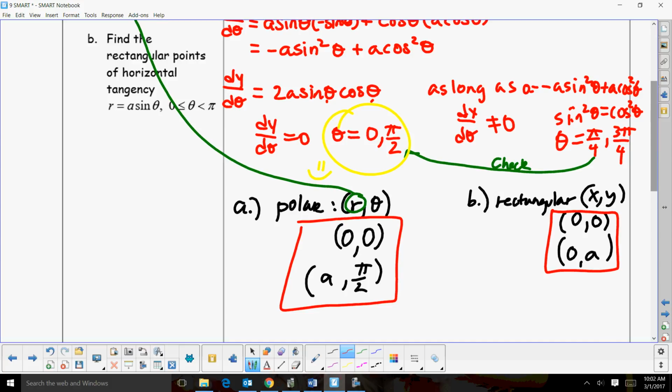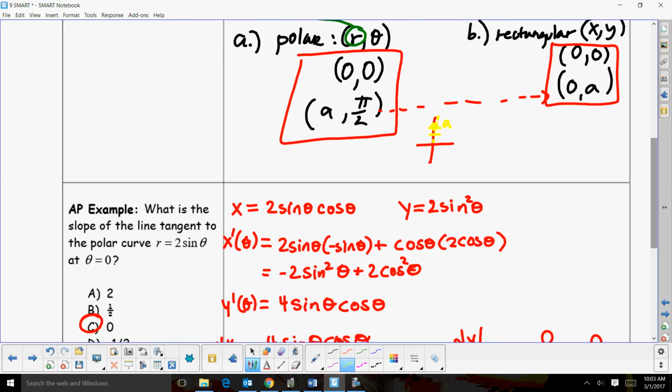And could we see graphically how this one is the same? Face your pi over 2, and go out to a. And we are at 0, a. So we could have seen that graphically as well. Good? So you understand the difference between polar and rectangular.